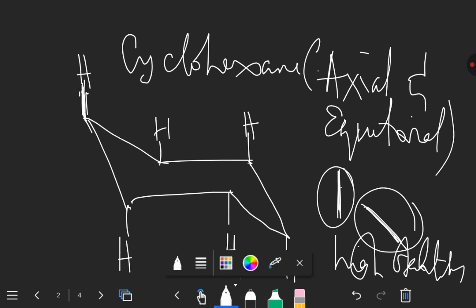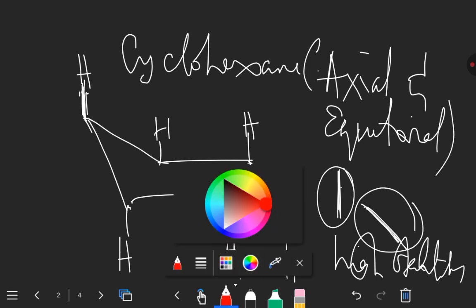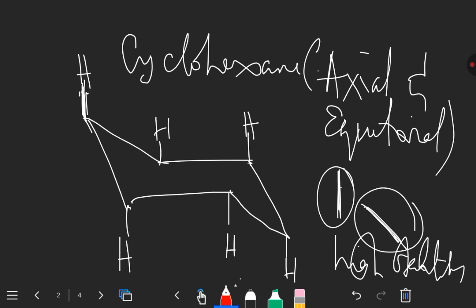Then I'll use a different ink to indicate those in equatorial. So here to go like that, slanting towards this line, so have equatorial like that.